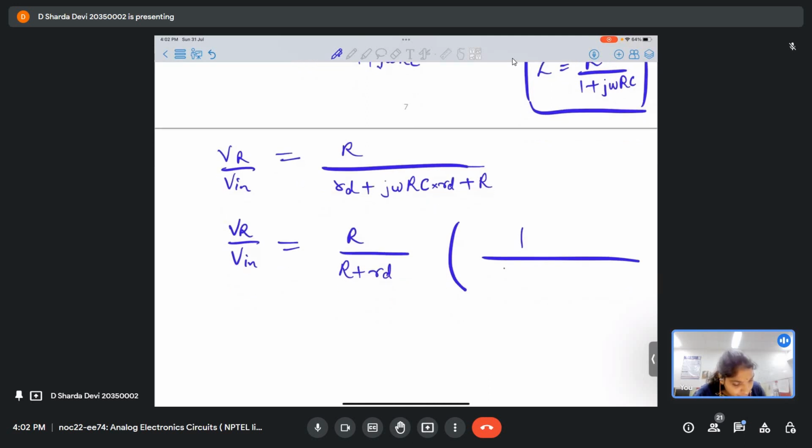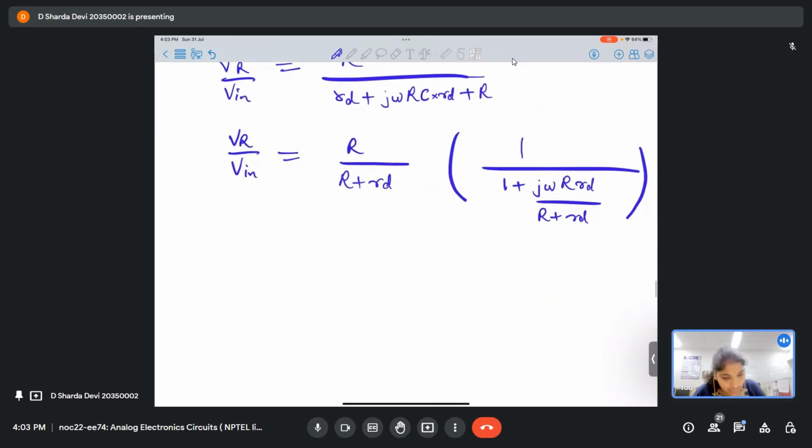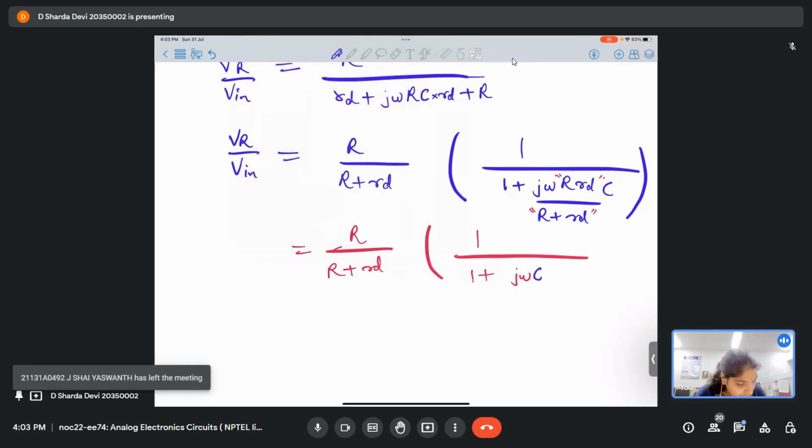Here we'll be left with 1 plus j omega R into Rd by R plus Rd, right? If you look at this carefully, this is basically R parallel to Rd. So here it will be R upon R plus Rd, times 1 by 1 plus j omega C, R parallel to Rd.